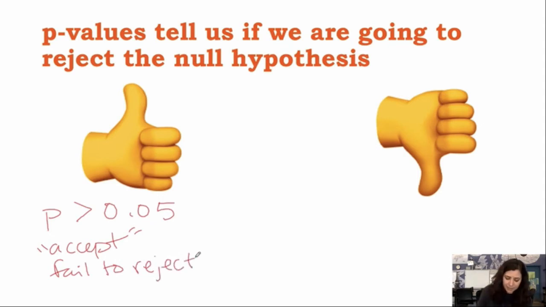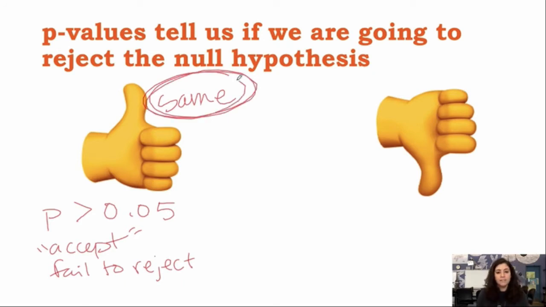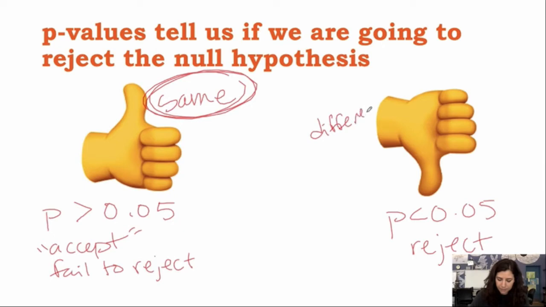So in this case, that means the groups would be the same. If our p-value is less than 0.05, thumbs down, less than, that means we are going to reject the null hypothesis and our groups are going to be different.